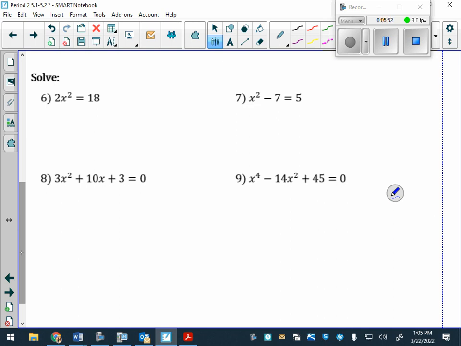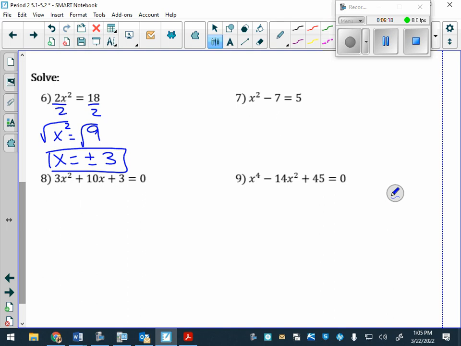Now 6 through 9 is solving. Okay? For number 6, what do we got? Genevieve. Plus or minus 3. Excellent. You divide by 2. X squared equals 9. When you're taking the square root, you must remember plus or minus. Excellent. Number 7. Caitlin.